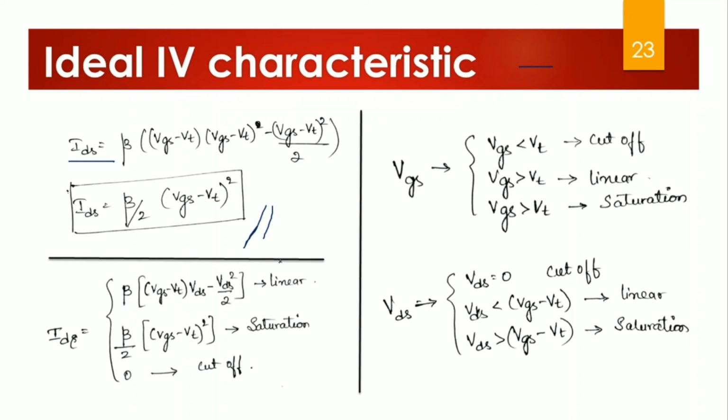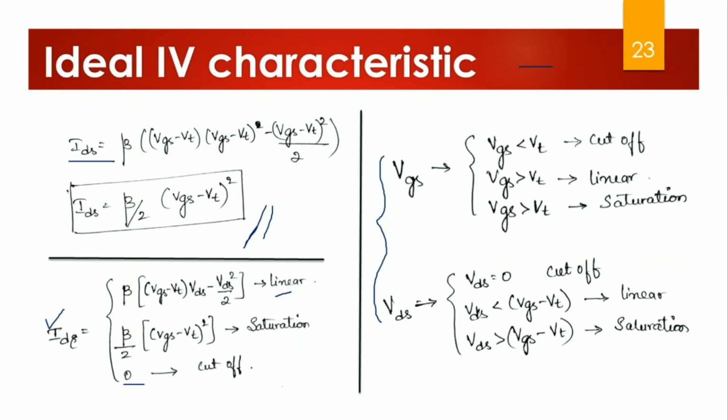So the current expression in all the three different regions is 0 for cutoff, beta into VGS minus VT into VDS minus VDS square divided by 2 for linear region, and for saturation region it is beta by 2 into VGS minus VT whole square. Now what is the condition of voltages in all the three regions? VGS should be less than VT for cutoff, that is, there should be no channel formation.